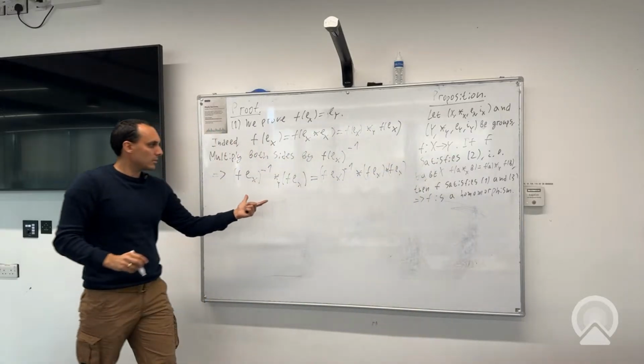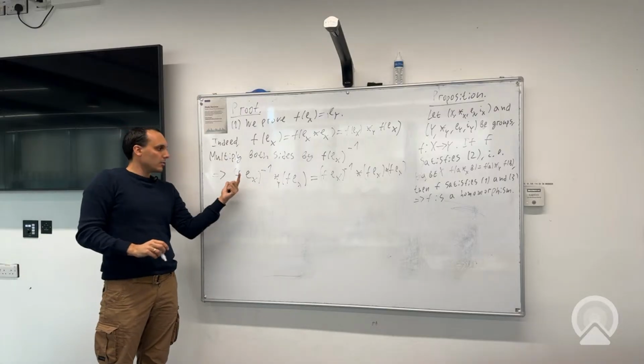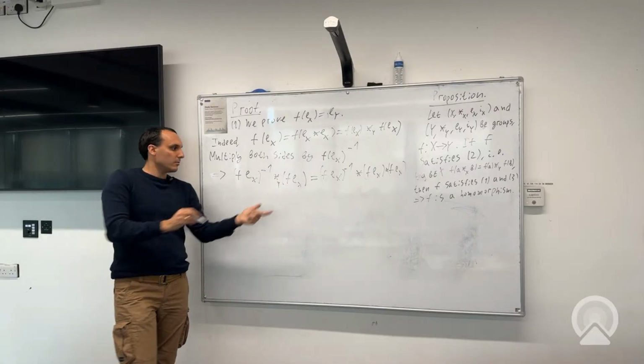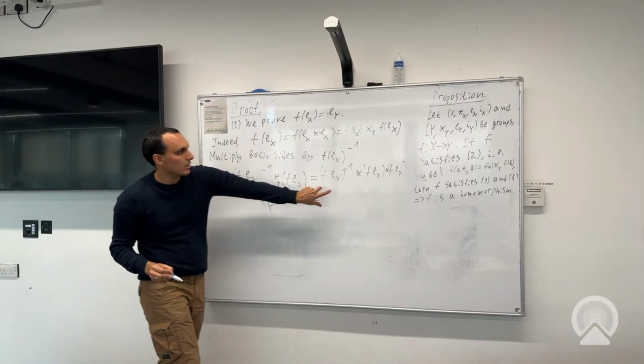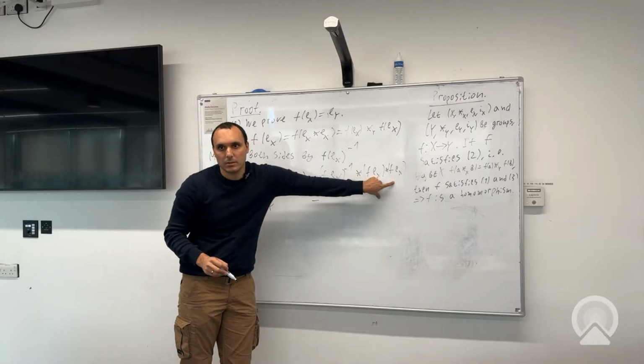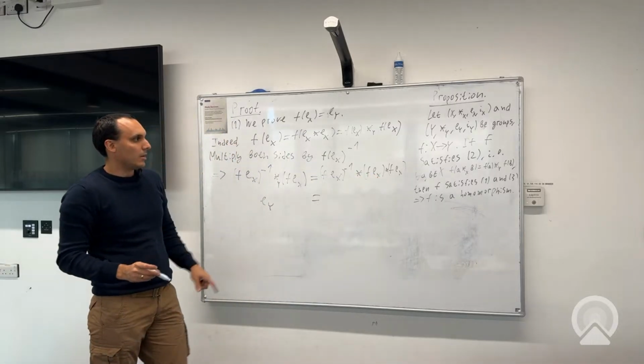Now this thing here is identity because we are multiplying by its inverse, and this thing here is identity times f of e_X.